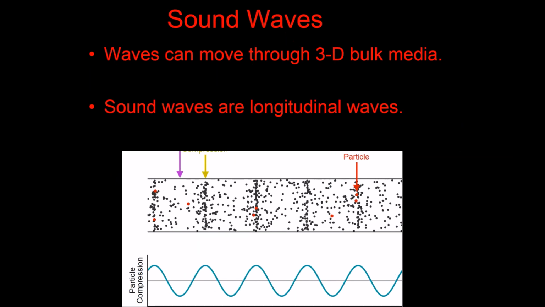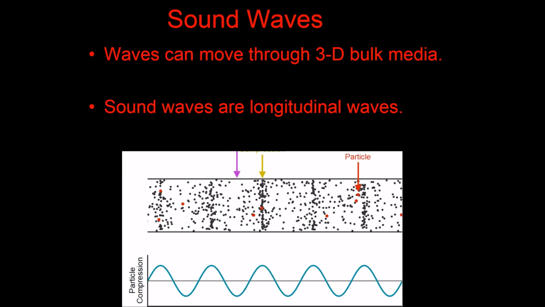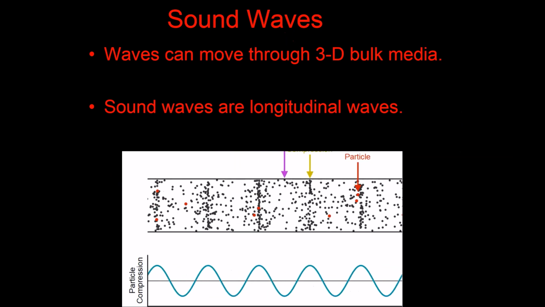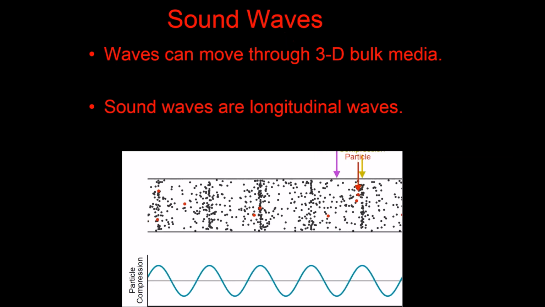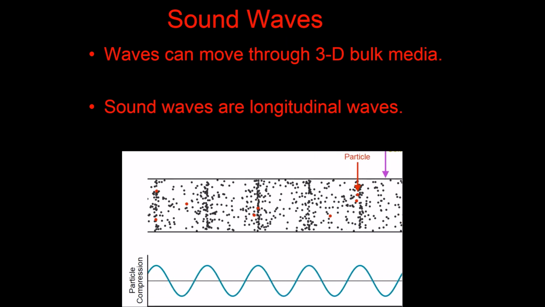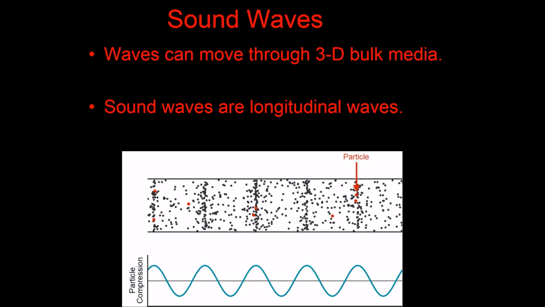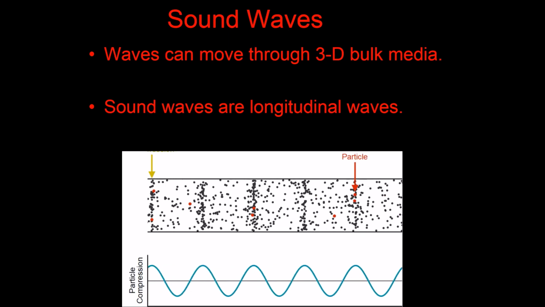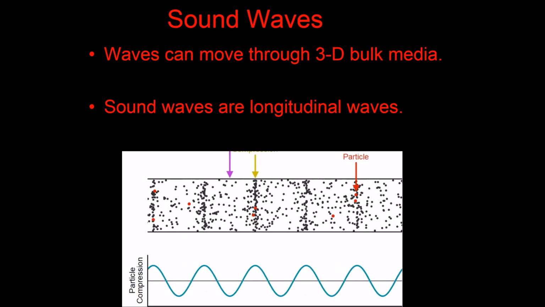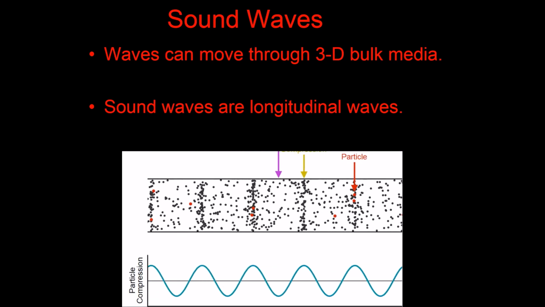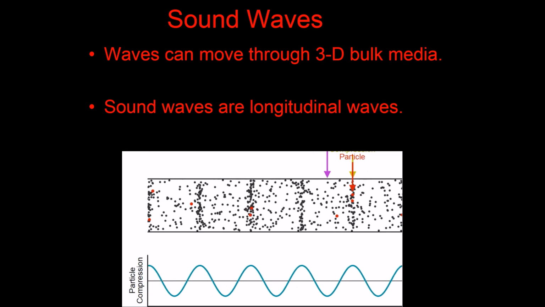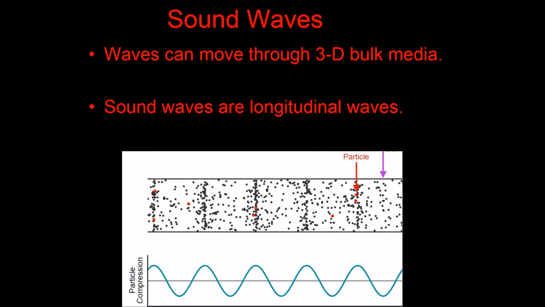And here's a bit more of an animation dealing with sound waves moving through what's referred to as bulk media. Usually, bulk media refers to a fluid, something like water, like whale song moving through the ocean as a sound wave, or music or voices moving through the air as a sound wave.